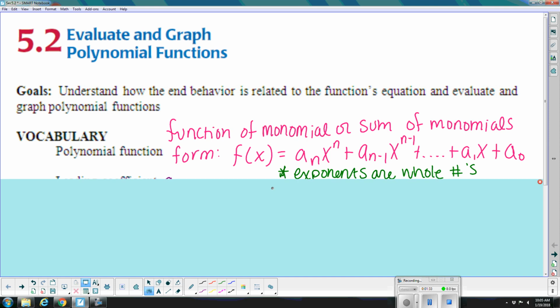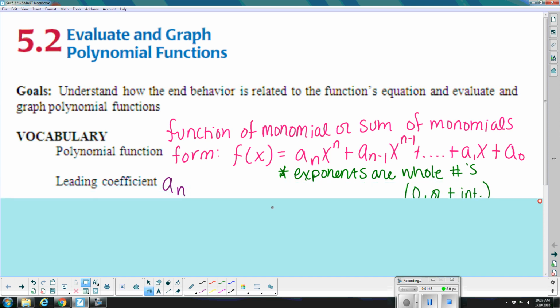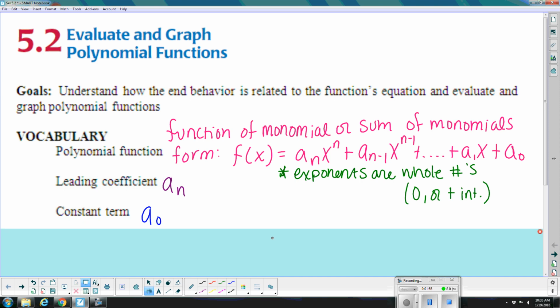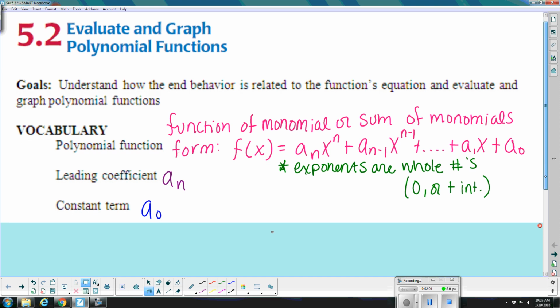If you look at this polynomial function, the leading coefficient is the very first coefficient associated with the largest exponent. So in our standard polynomial form, our leading coefficient is a sub n. Then our constant term is the term that does not have an x or a variable associated with it.